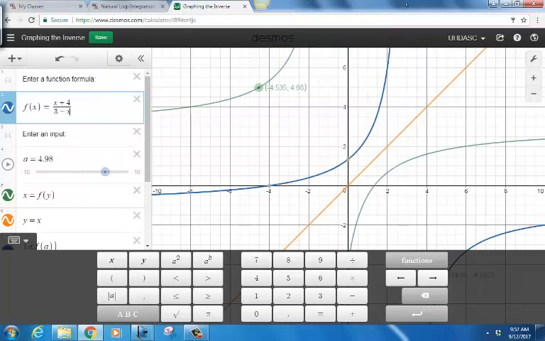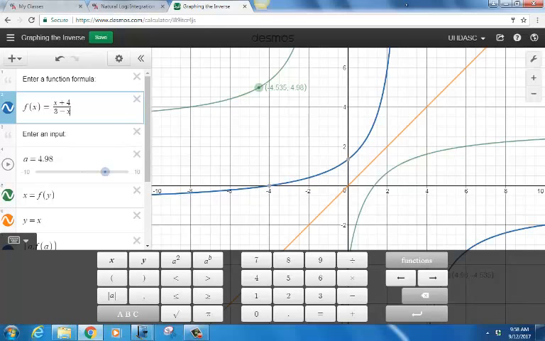Wow, you really have to look closely at this one, okay? Because it's got some branches to it, right? There's the original graph, which has these two pieces, this branch and this branch, all right? And so when you rotate that around y equals x, you get similar branches, but they're kind of reversed.